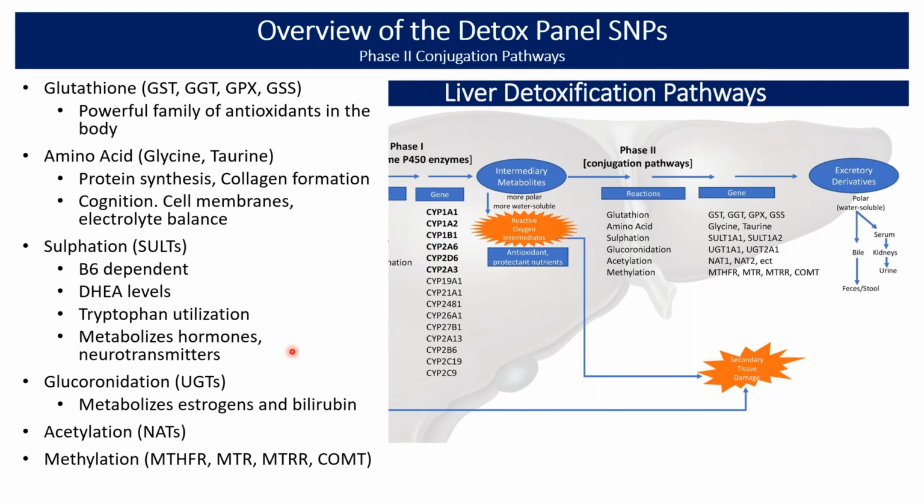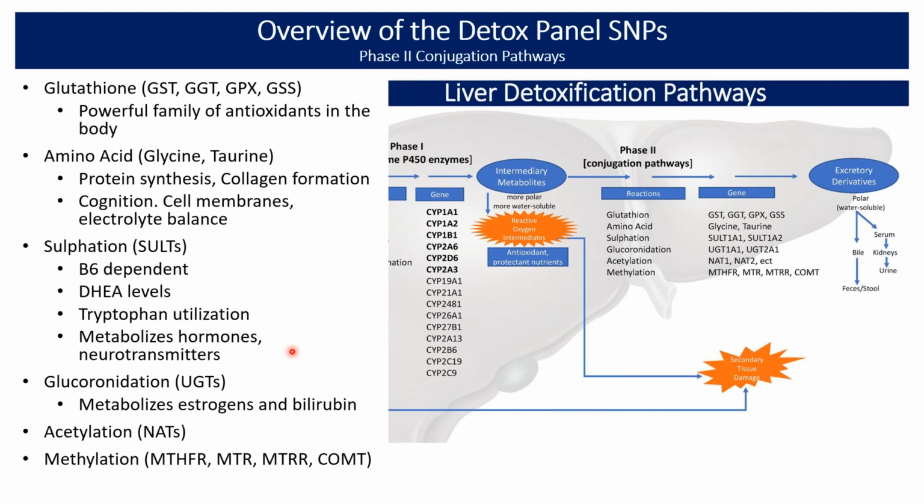The glucuronidation, beta-glucuronidase is in our colon. That is a kind of a variant form or an improper form of glucuronidase, and it reconjugates estrogen. So if our glucuronidation isn't working properly, we get a higher beta-glucuronidase, and we get a higher reconjugation of estrogens back into our system, creating estrogen dominance.